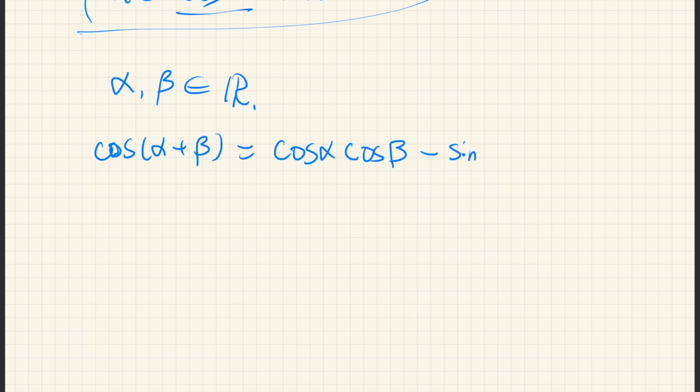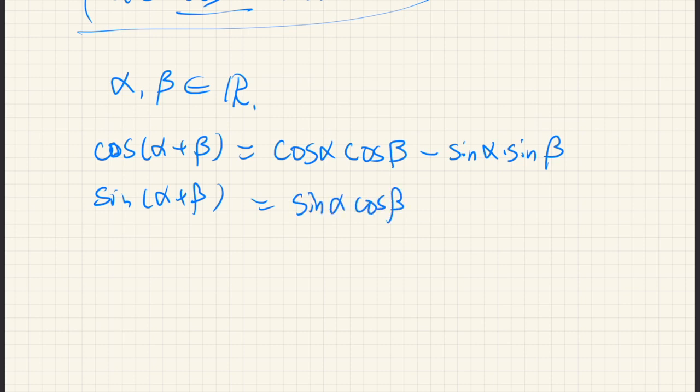So cosine of alpha plus beta is cosine alpha times cosine beta minus sine alpha times sine beta. And sine of alpha plus beta is equal to sine alpha cosine beta plus cosine alpha times sine beta. So let's prove this.